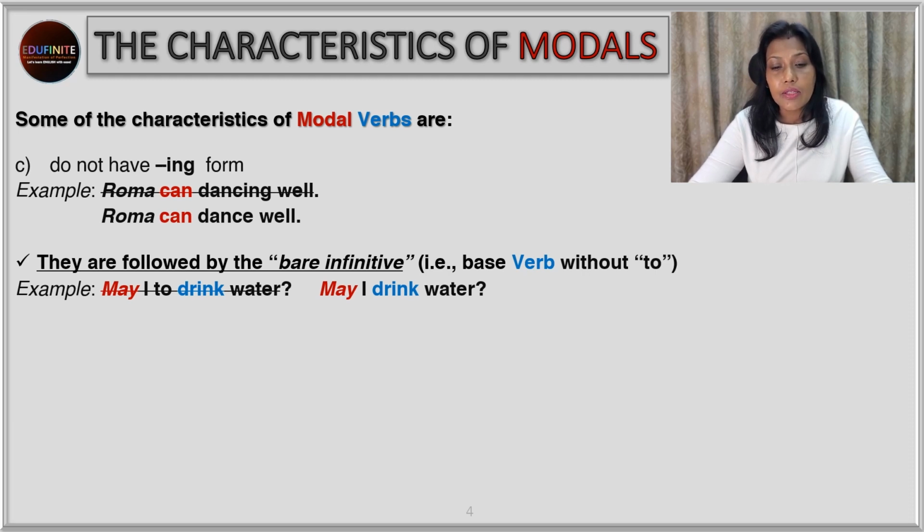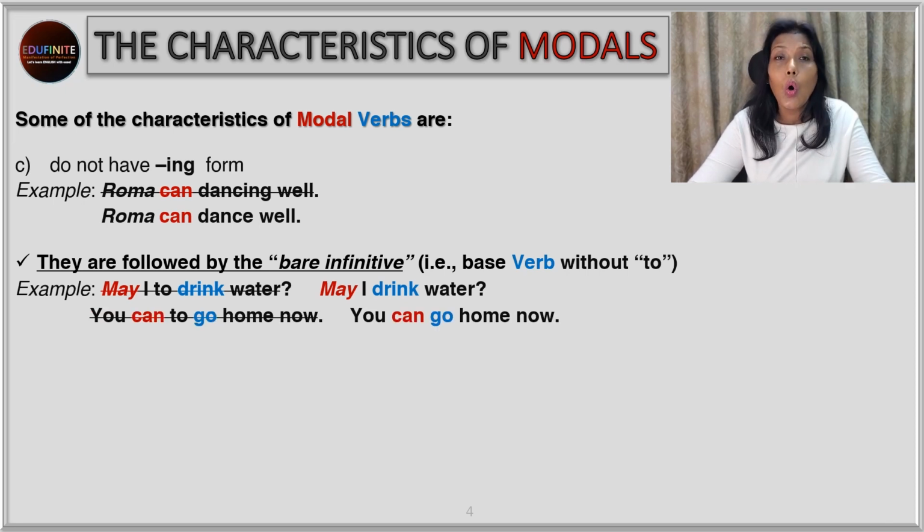We cannot say that. We have to say may I drink water. So there'll be no infinitives. It's only the bare infinitive that we use after the modal verb. We cannot say you can to go home now. We have to say you can go home now. So bare infinitive. To will not be there when we are using the modal verb.